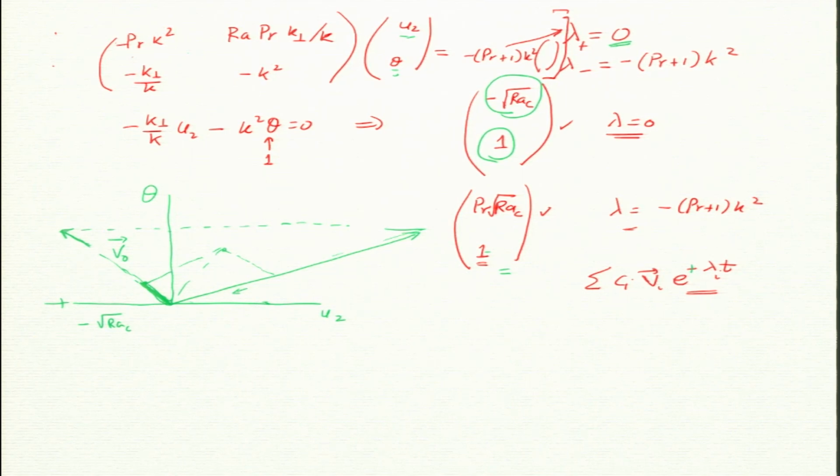So my eigenvector will change, it will not remain exactly the same eigenvector, but near the onset it will be approximately in that direction. Near the onset means my Rayleigh number is 1.1 Rayleigh critical, then still my rolls will behave something like the original roll, but if you make it too large, then of course things will not work.